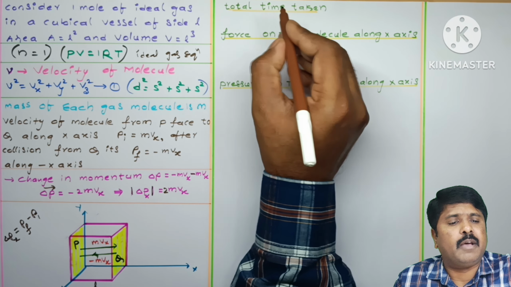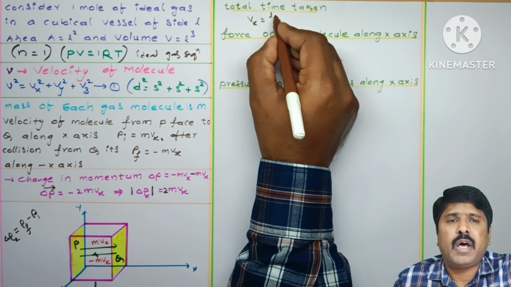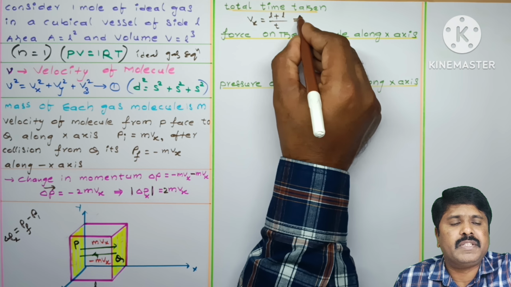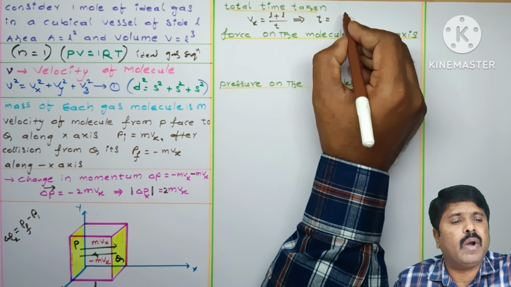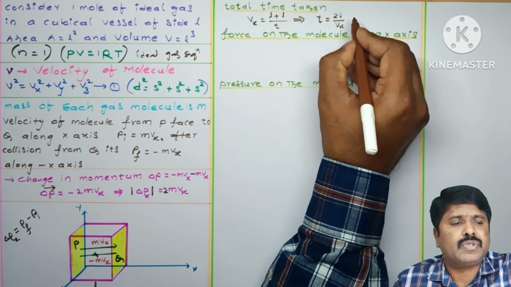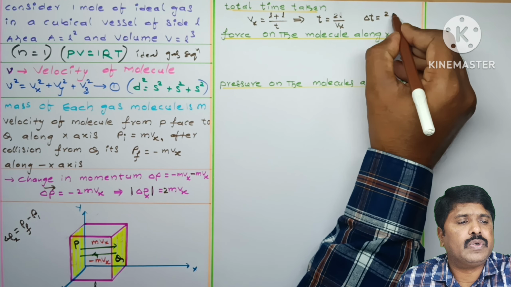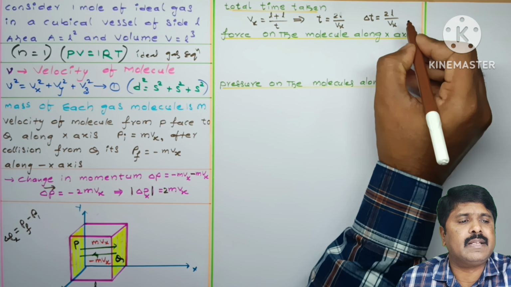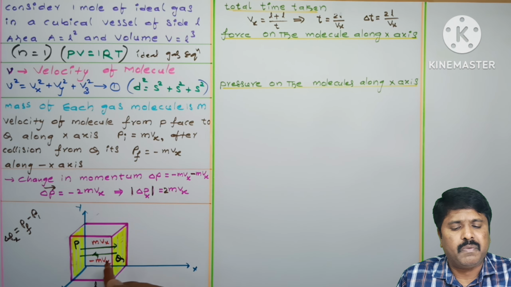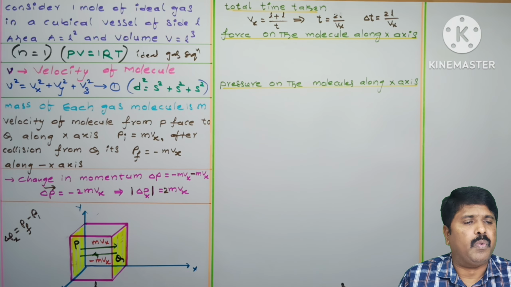Before that, velocity vx is equal to forward length L and backward length also L, divided by T. From this equation, T is equal to 2L divided by vx, student. So delta T is equal to 2L divided by vx, the time interval from the p phase to the q phase and the q phase to the p phase after collision with the q wall.